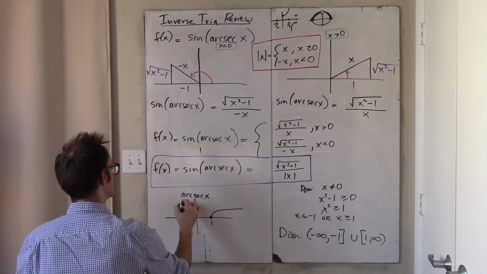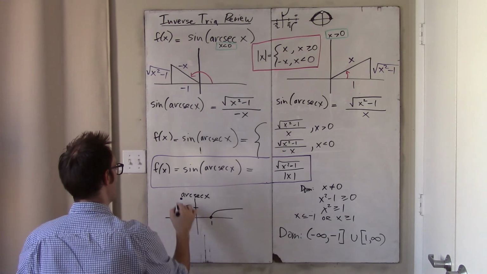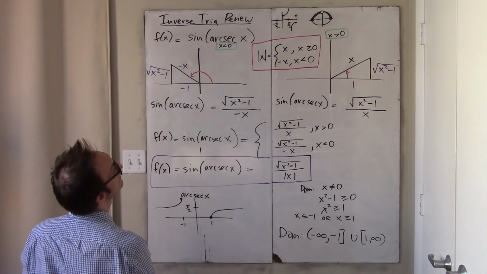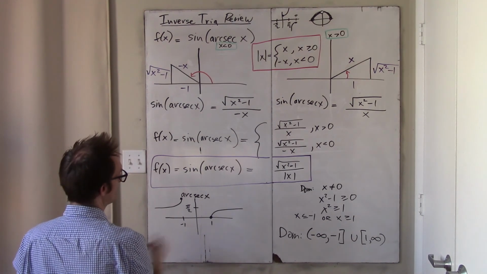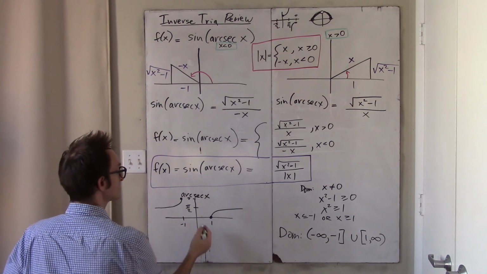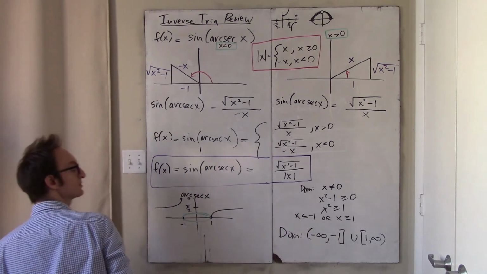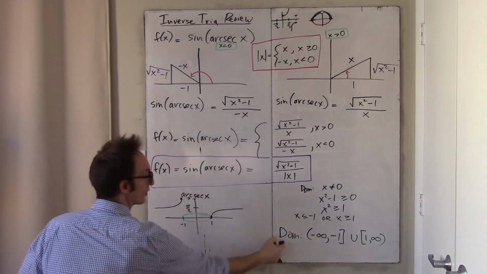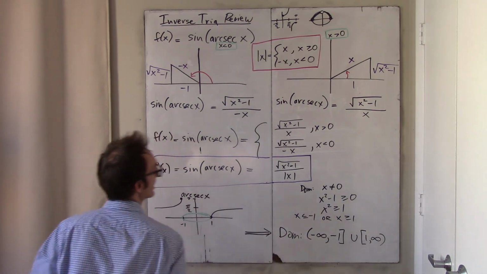But then also, when you plug in negative 1, it's like up there, and so you get that. So basically, you just can't take the arc secant of numbers between negative 1 and 1, but you can take the sine of anything, and therefore this is the right answer right here.